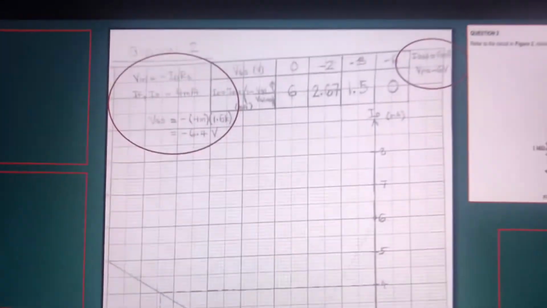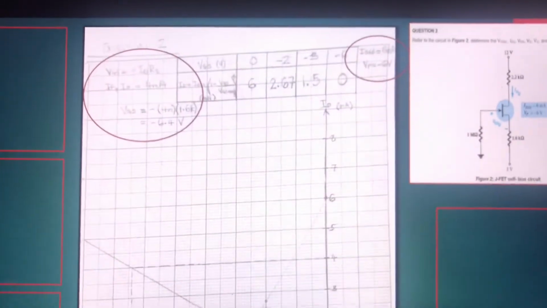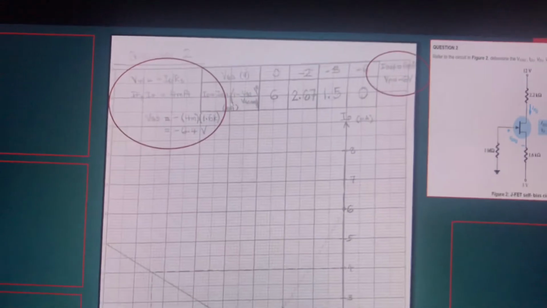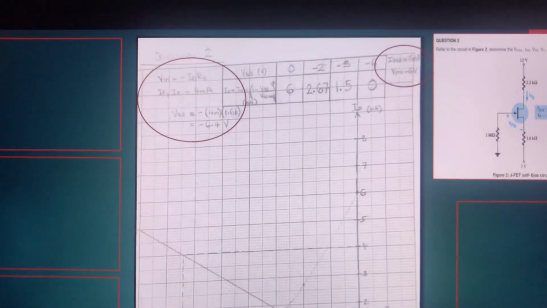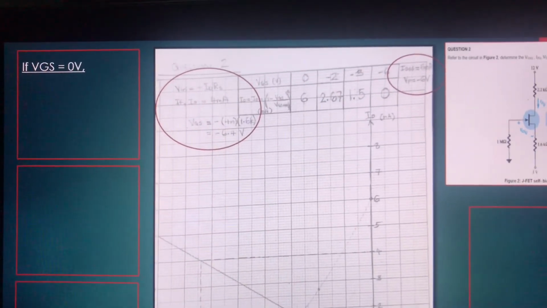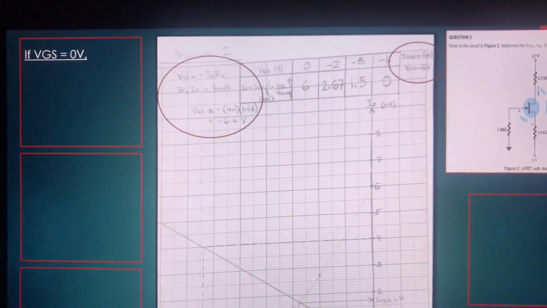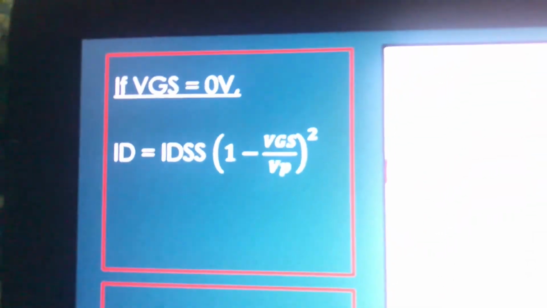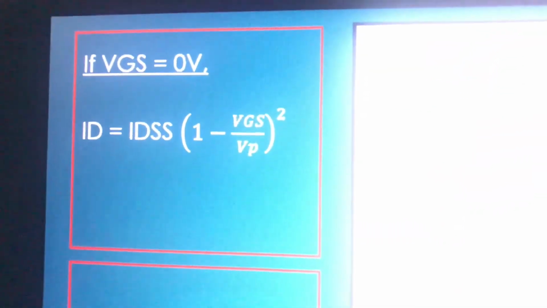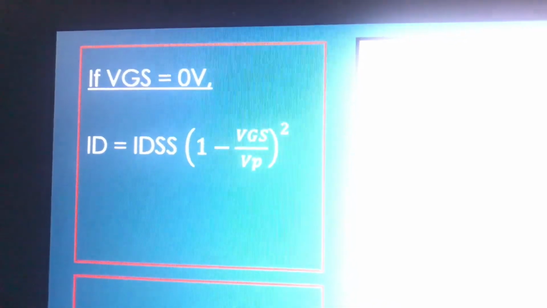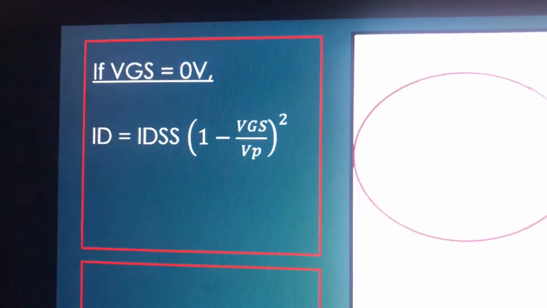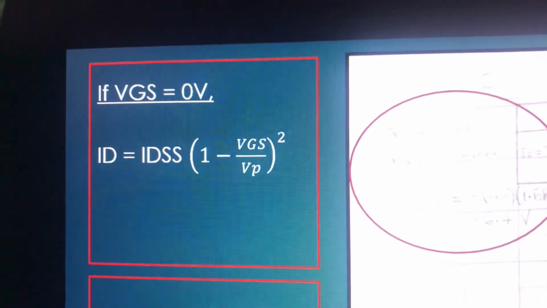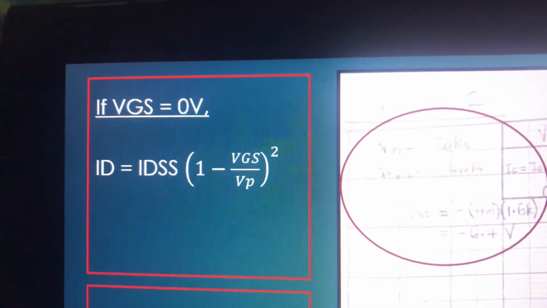Okay, so we need to create the table. Alright, I want to present about how to create the table one by one. So for the first, if VGS is 0 volt, the formula is IDSS times 1 minus VGS over VP, squared.